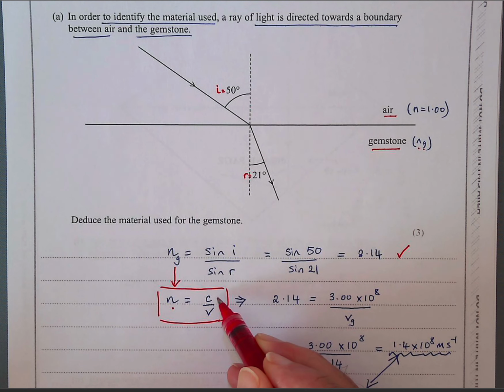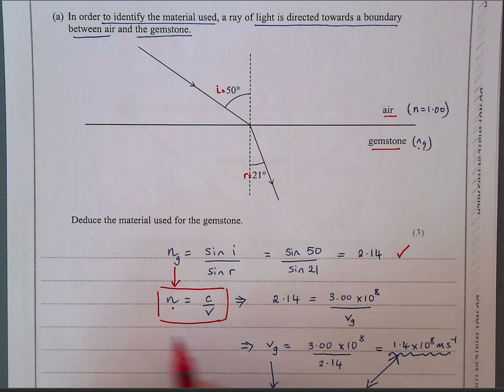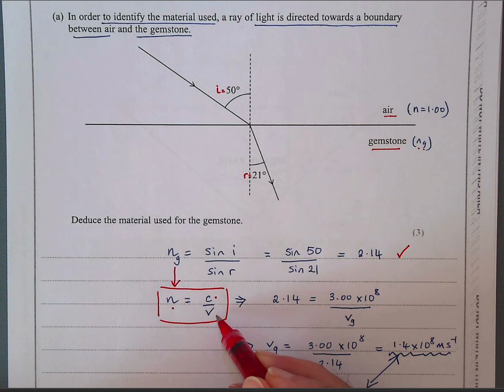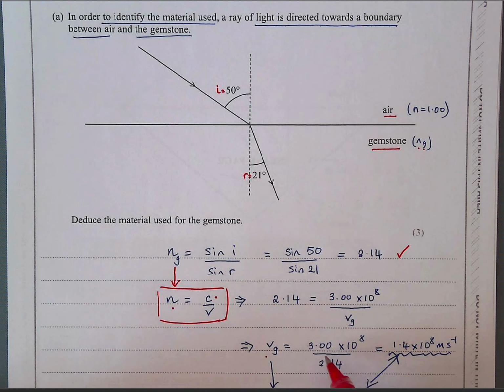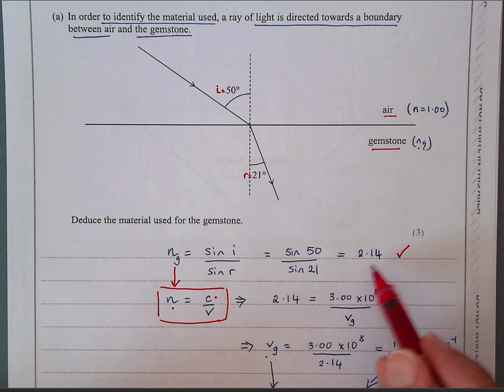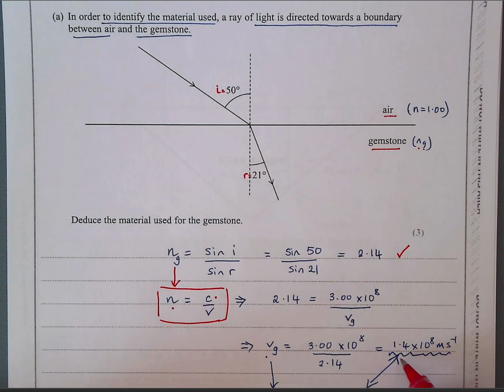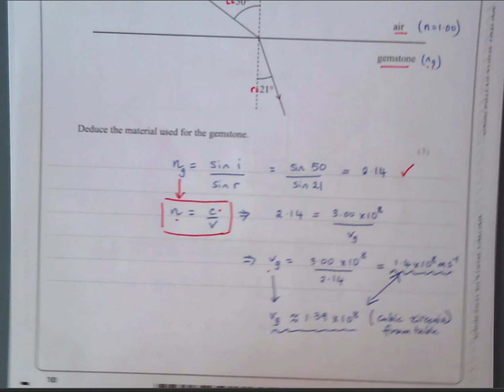We know the speed of light in a vacuum. We want to work out which is the correct v, so we put v as the subject of the formula. 3.00 divided by our 2.14 gives you an answer of approximately 1.4 times 10 to the 8. Which value in the table is closest to that?